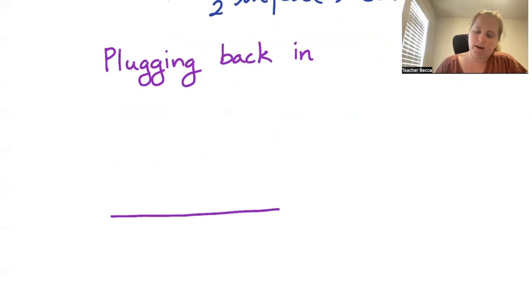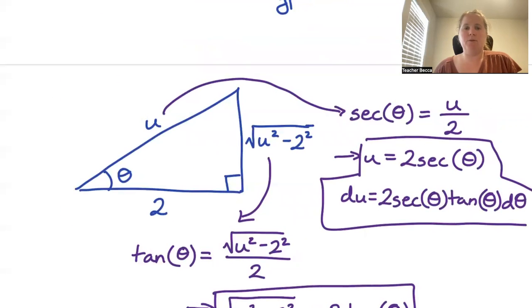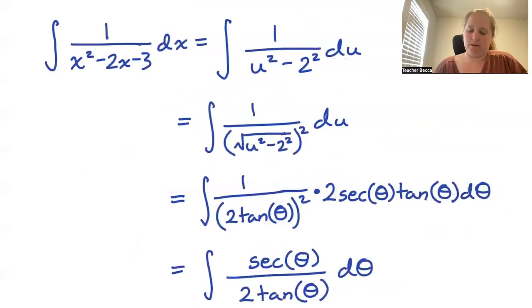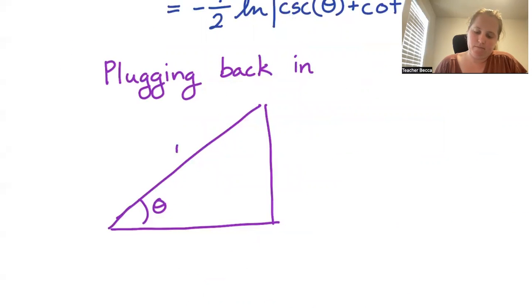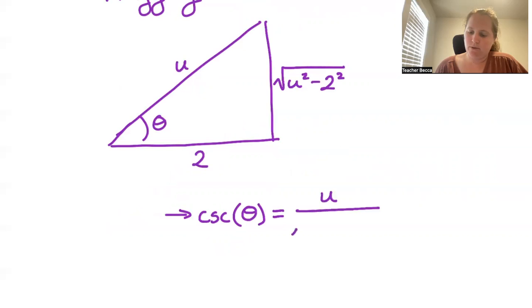So if we redraw our triangle, for this triangle, we had a u on the hypotenuse, 2 as our adjacent, and then square root u squared minus 2 squared on the opposite. So cosecant of theta is hypotenuse over opposite. So that would be u over the square root of u squared minus 2 squared.